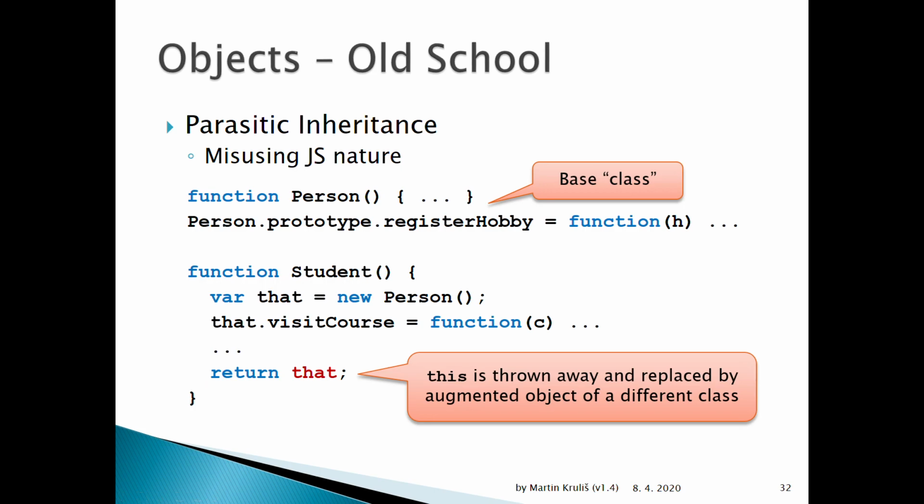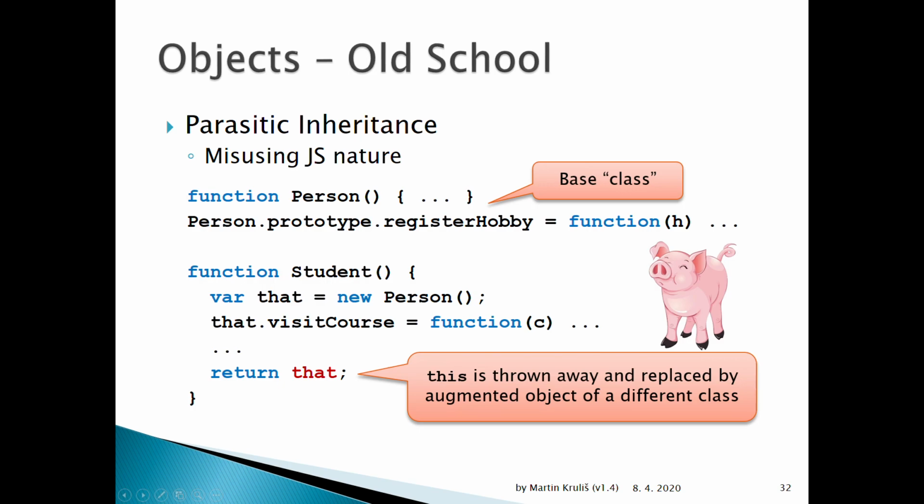As you can see, this holds many potential pitfalls. First of all, operators like instanceof, any relationship between the student constructor and the newly created object is completely disrupted. So technically we are not creating a new class, we are just creating a new person which has a slightly different shape than a regular person, and also it has a distinct memory footprint, as we need to recreate everything from scratch inside the constructor.